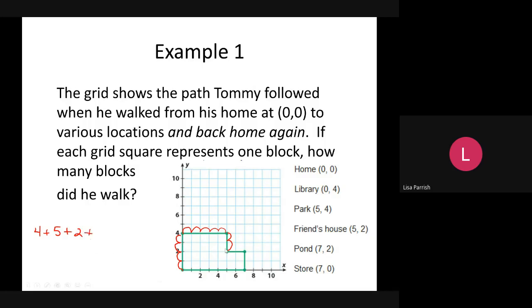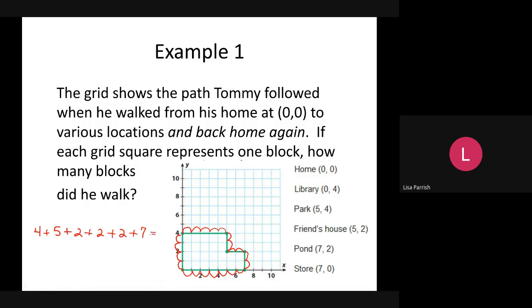From the friend's house to the pond was 1, 2 blocks. From the pond to the store was 1, 2 blocks. And then from the store back home was 1, 2, 3, 4, 5, 6, 7. So we've counted all of the blocks he walked to each location.